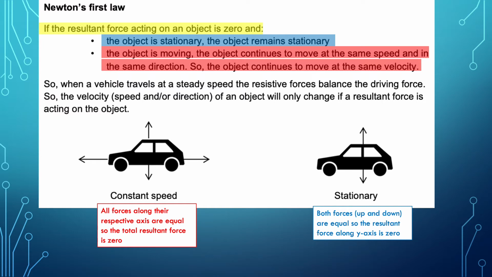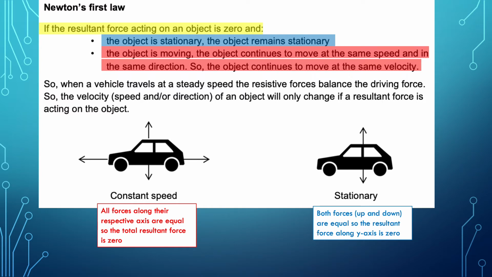In this diagram on the left, all forces along their respective axes are equal, so the total resultant force is 0 on that car, correct? That should make sense, because if you're just looking at it, you're thinking they're all the same forces, so this car is not moving. That's what you might initially think, but then you look at it closer and think, wait, there's a forward force driving it forward and a force driving it back.